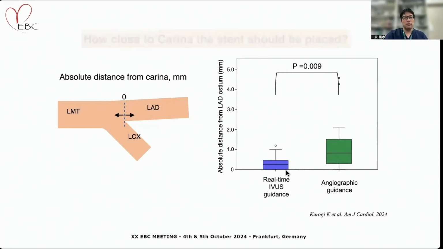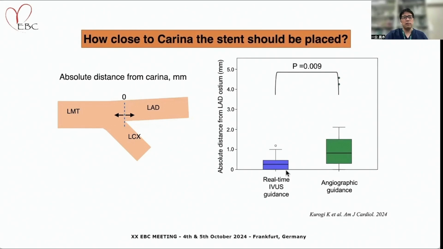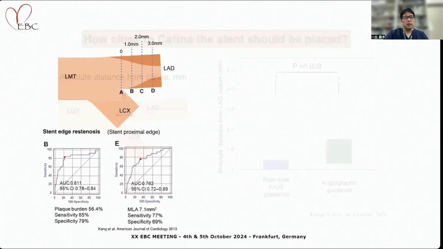However, it was not known how close to the carina the stent should be placed. In other words, the definition of the precise stenting zone. We analyzed the percent plaque area of the LAD ostium and every 1 millimeter up to 3 millimeters from the ostium before the procedure.